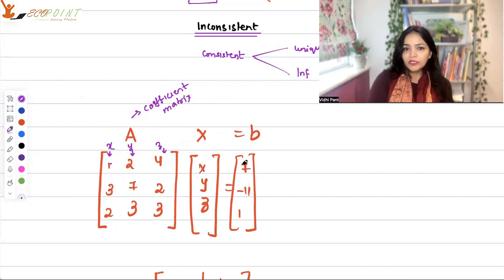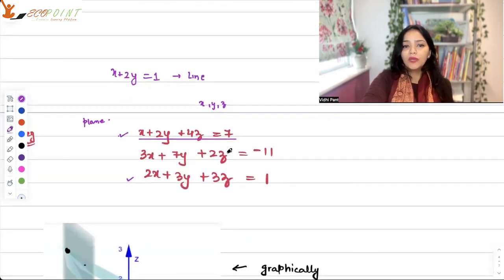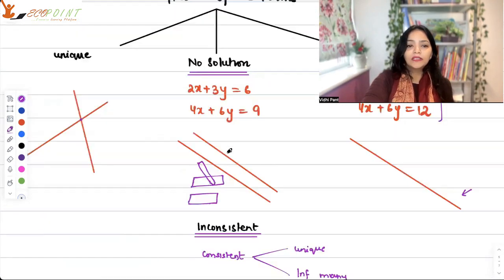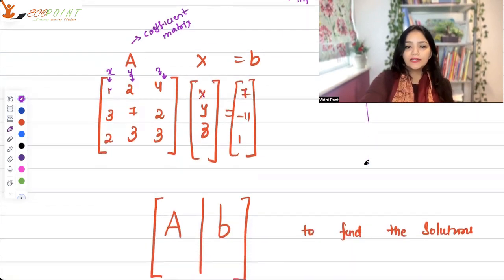The first position is 7. If you observe, that's nothing but your first equation. Similarly, if you multiply like this, you will get your second equation. So matrix multiplication goes like this, an inverted L.